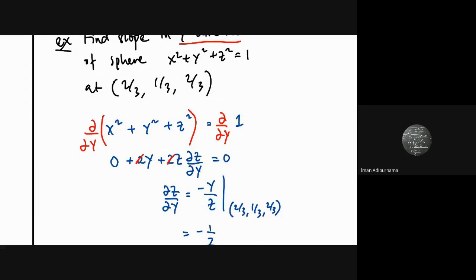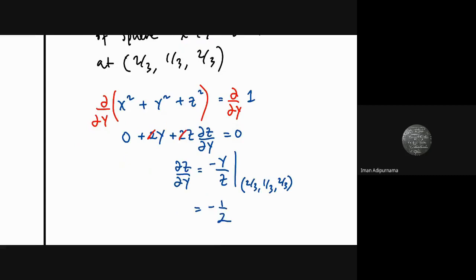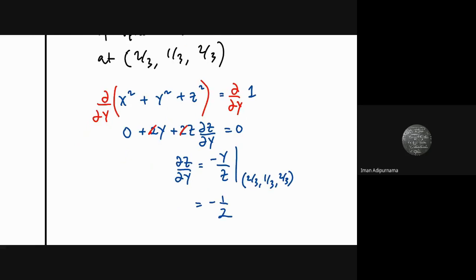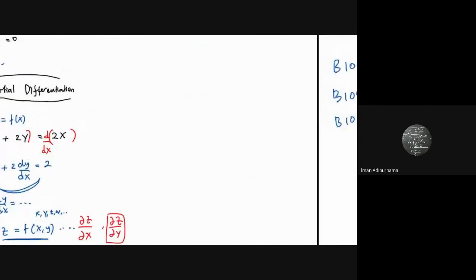At least two variables, we can use these implicit differentiations. Okay, that's implicit partial differentiation.